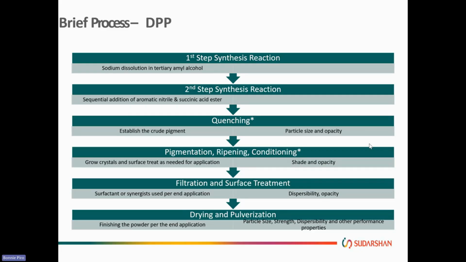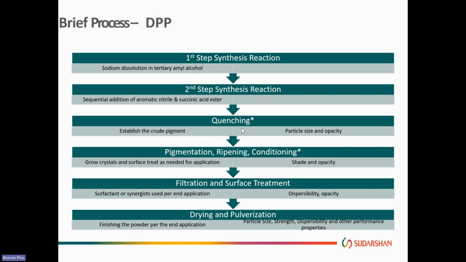And just to give you a feel for that one, so you get a better feel for the two synthesis steps that are in there and what they do. As I mentioned, the two key steps for quenching. The quenching then basically establishes that crude that you've created during the synthesis process.